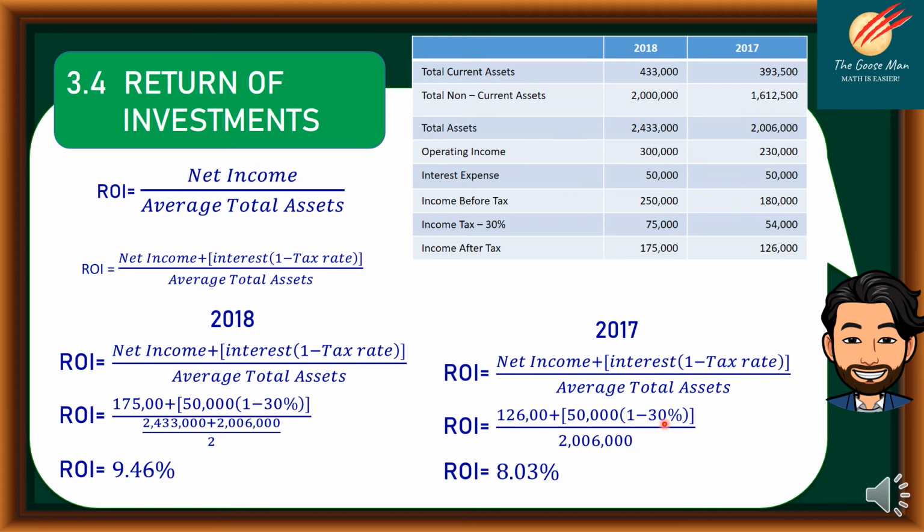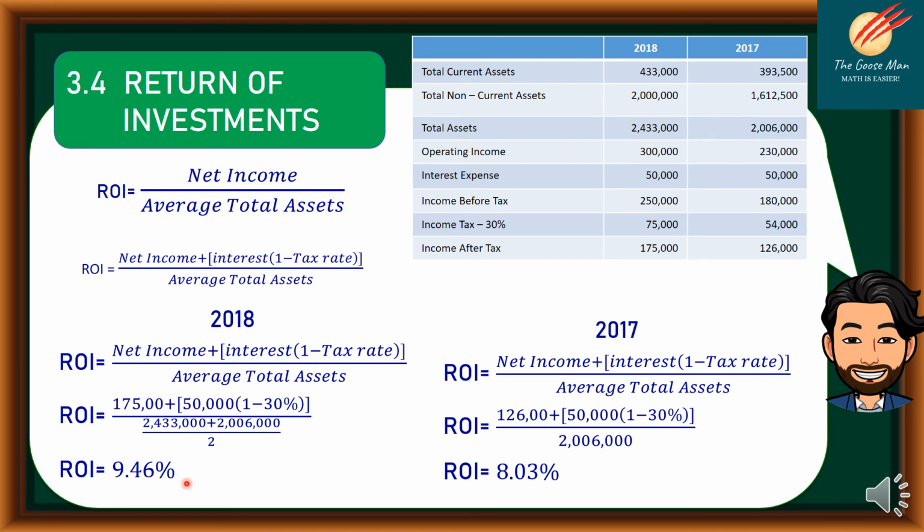Upon computing this, we have the return on investment of 8.03%. So the return on assets slightly increased from 8.03% in 2017 to 9.46% in 2018. This trend may indicate a favorable movement of the return on investments.